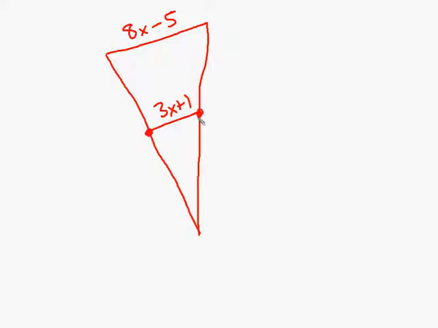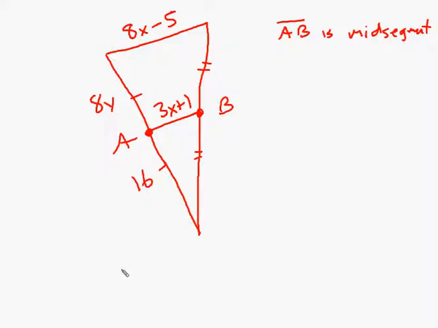Okay, once again, I'm going to say segment AB is a mid-segment. So since it's a mid-segment, I know it's half the length of the whole thing. Alright, set it up to solve it.